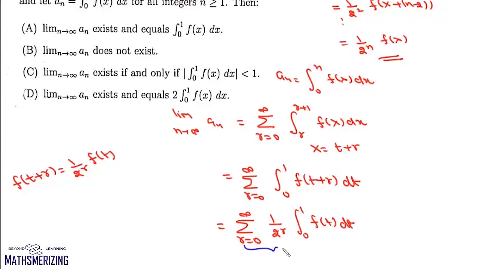Now this is nothing but an infinite GP. Now the sum of this GP will be a upon 1 minus r into this integral from 0 to 1. Now f(t) dt is the same as f(x) dx. So we can write this as 2 times the integral from 0 to 1 of f(x) dx, and that's your option D.